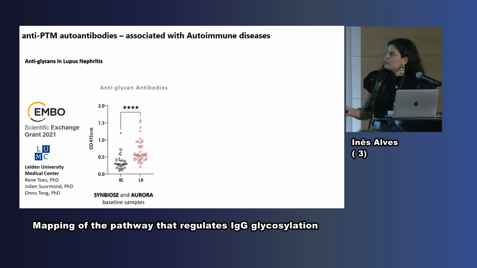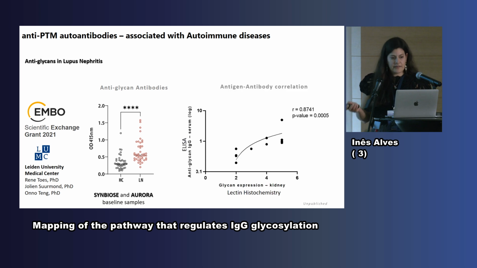And we were able to see that, in fact, lupus nephritis patients develop anti-glycan antibodies, with increased levels of anti-glycan antibodies. Interestingly, the levels of the anti-glycan antibodies seem to be associated with the expression of this glycoantigen in tissue from the same patient. So there seems to be an association between the anti-glycan autoantibody and the presence of the glycoantigen.